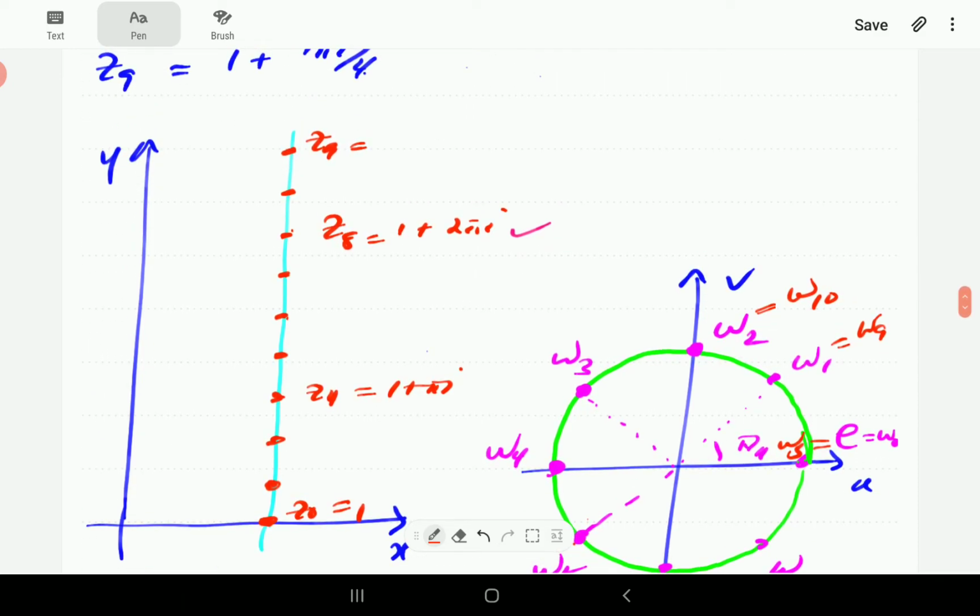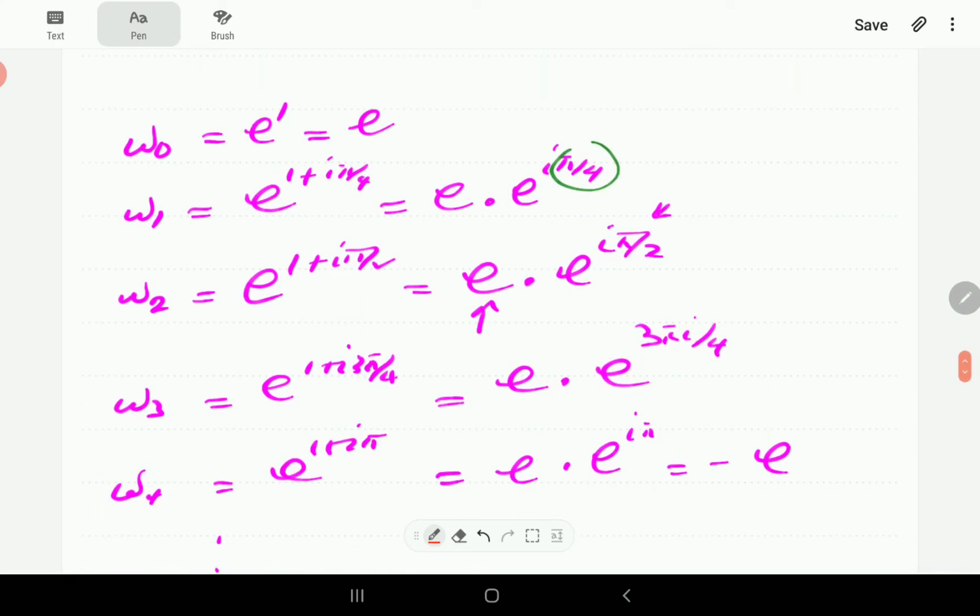Now, if you look at these two, the difference between the two of them is 2 pi i. And the same thing, the difference between z1 and z9 is going to be 2 pi i.